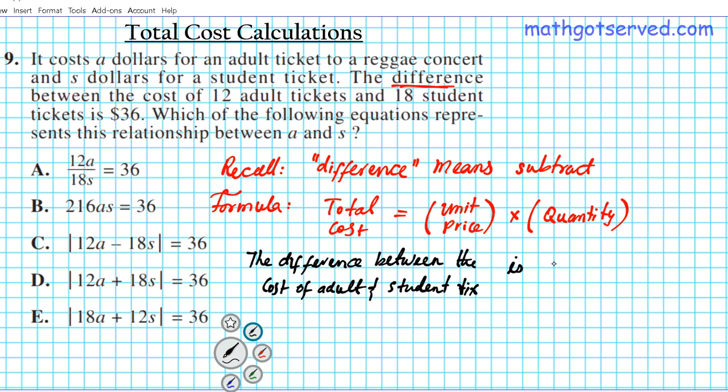So this is the problem in word form. Let's now rewrite it using symbolic notation. But in order for us to do this, let's break it up first. We're looking at the difference between the cost of adult tickets and student tickets.